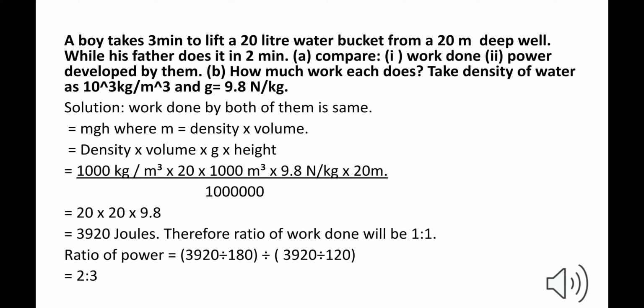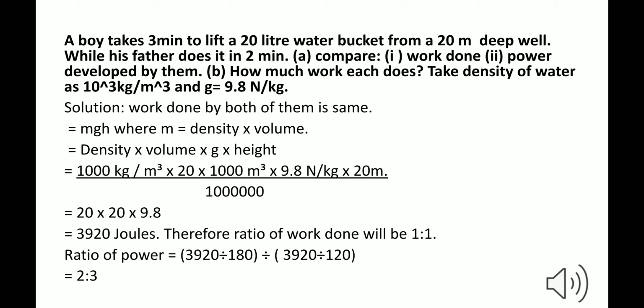Now, we have to calculate work done and power developed by them. We have to compare the work done by them and power developed by them. Okay. So, let us calculate the work done first. The work done is same in both the cases. Now, work done here will be again mgh, where m is density into volume.